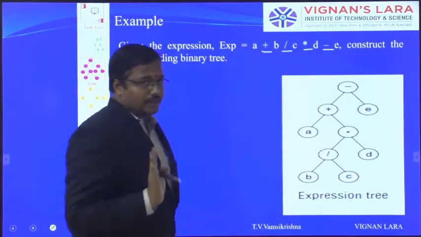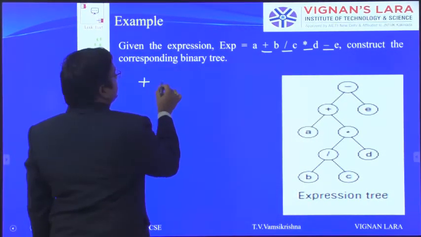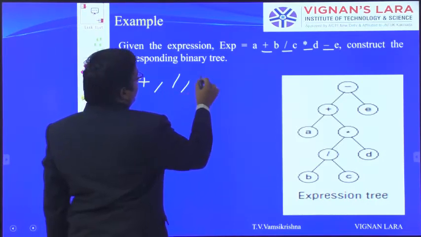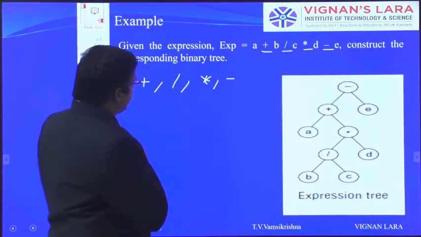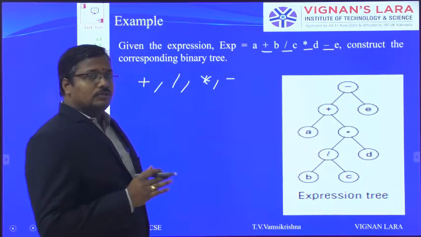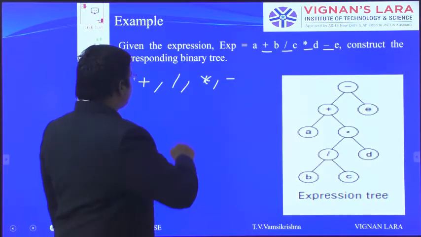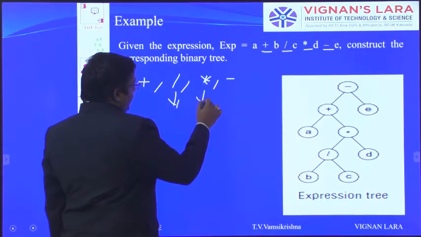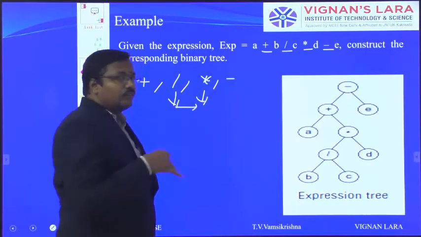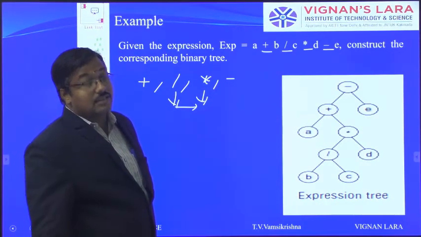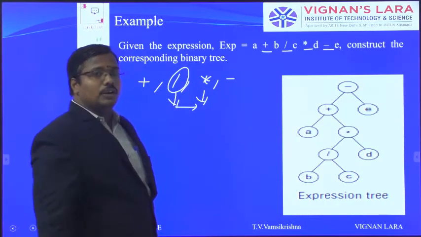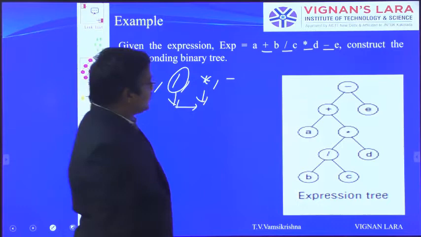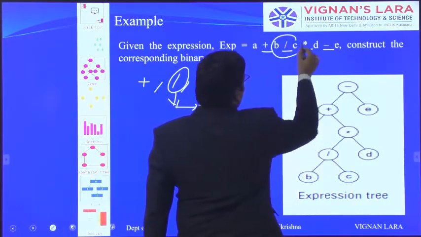Four kinds of operators: plus, divided by, multiplication, and subtraction. Of these four, divided by and multiplication have the highest priority. We move with left to right associativity, so this one is evaluated first.